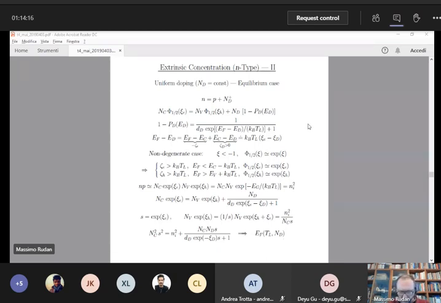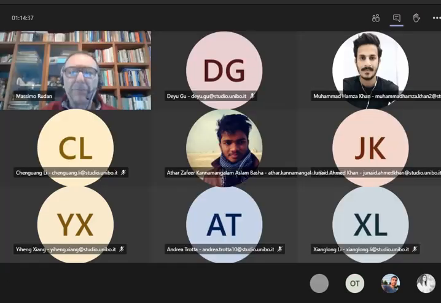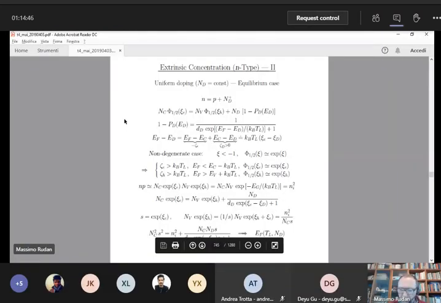Okay, so we start again. Okay, so you remember we have just seen the condition for which we can replace the Fermi integrals with the exponentials.